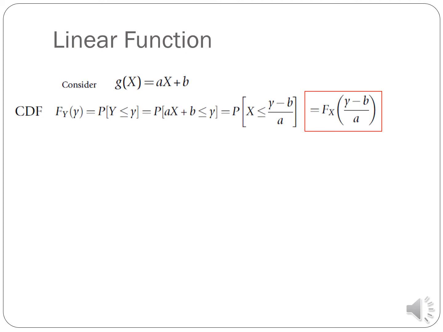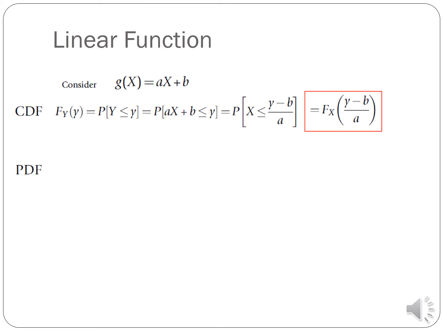So we draw some conclusion that if Y is a linear function of x, then Fy can be rewritten as a function of the CDF of x, which is like this. But instead of using a value of x, we have to use this notation, y minus b divided by a.